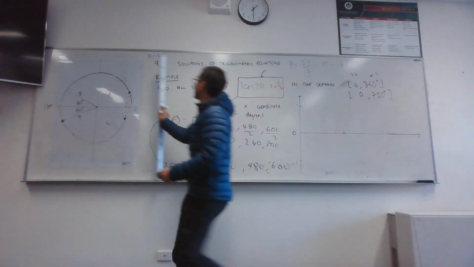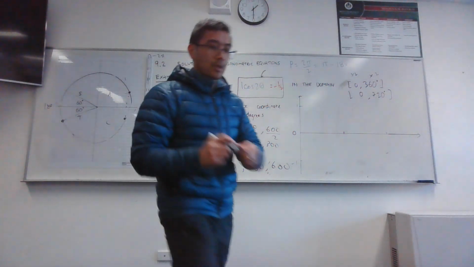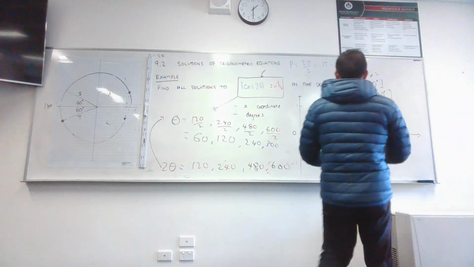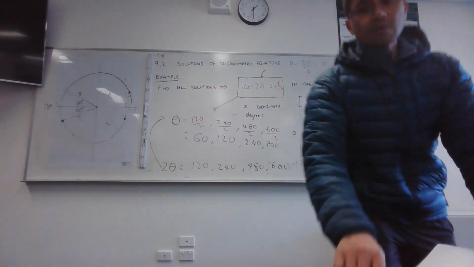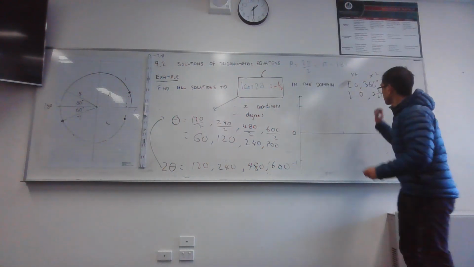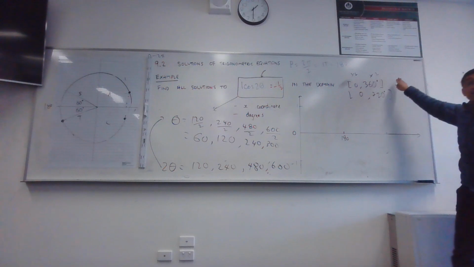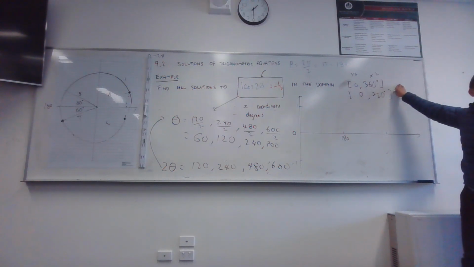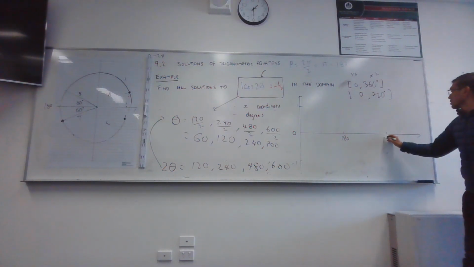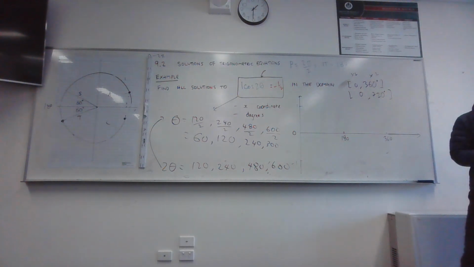Let's just say this was 180. But notice our domain goes to 360. So we need 360 at the very start.